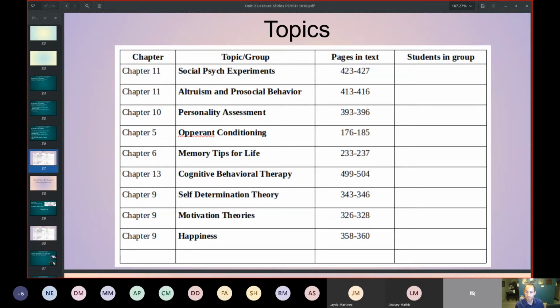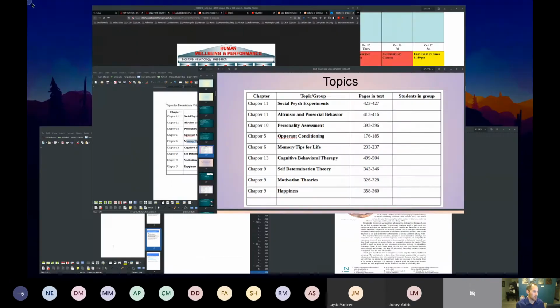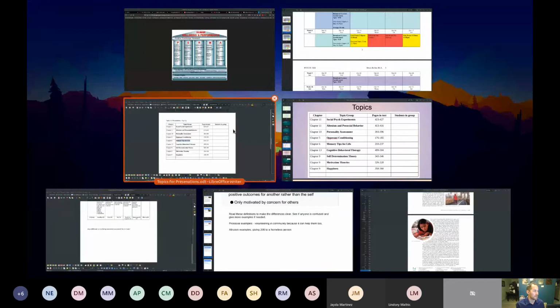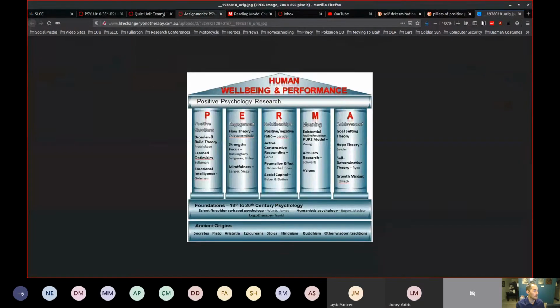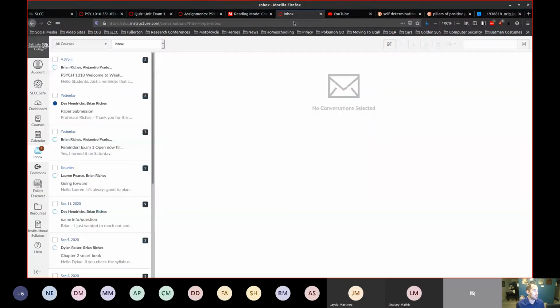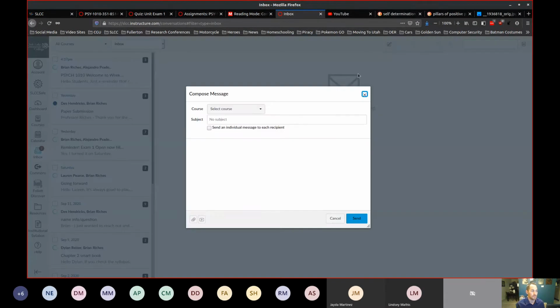That would be perfect. So write down each other's names for any of these groups. Write down each other's names, send an email. You can just send an email to anyone in the class through Canvas. Maybe I'll show how to do that really quick. If I've got Canvas open, I should usually have my inbox open. So to compose a message, go up here, and then you can select the course that you want to send a message to.